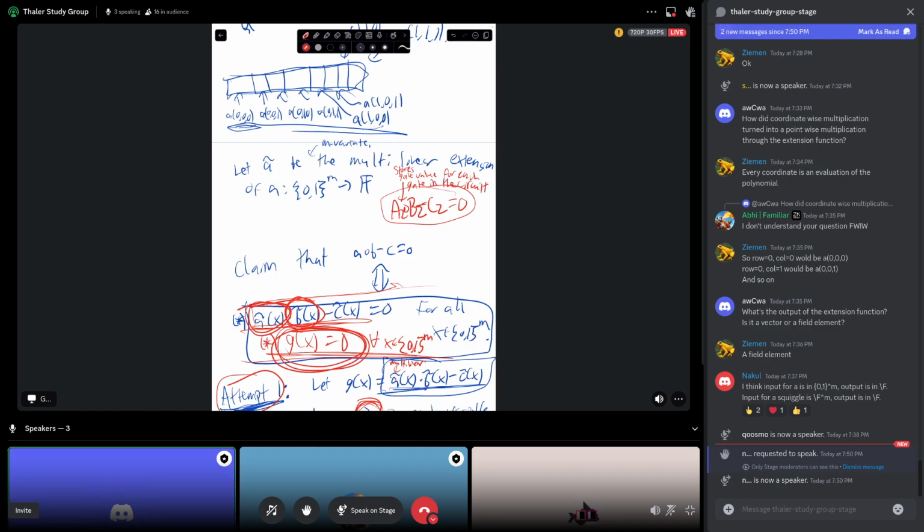Then there's one constraint per gate in the circuit. So if a gate is a multiplication gate, you would want Z of input 1 to that gate times Z of input 2 to that gate, minus Z of the value assigned to that gate, equals 0. So you have a constraint per gate capturing that the value assigned to that gate is correct given the values assigned to the inputs to that gate.